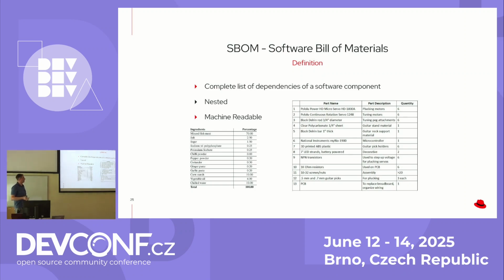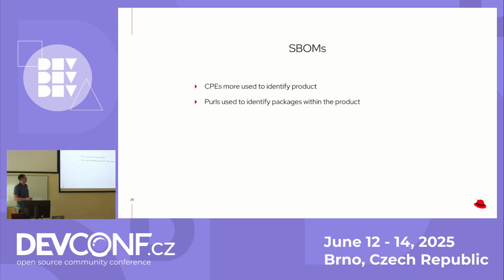We want to automate everything, and for that we usually use PURLs to identify all the open source packages inside of it. Today you can still use CPEs on a higher level, basically to identify whole applications or things like that. So you can say the Fedora stuff is using all these packages inside of it, right?